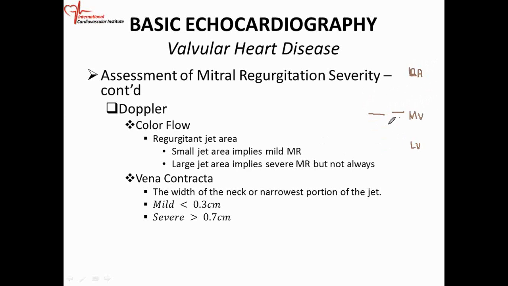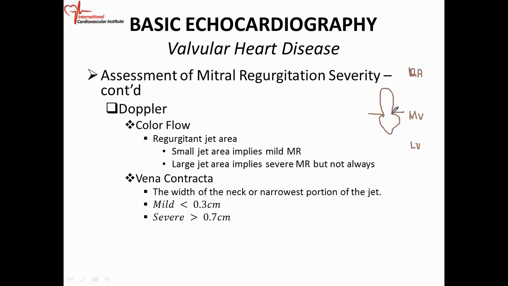So when you have mitral regurgitation, when the LV contracts, it's going to force blood across the mitral valve into the left atrium. So this is the regurgitation. Remember, we say you're going to get a series of concentric shells in the LV. And this is how we can calculate what we call the EROA.